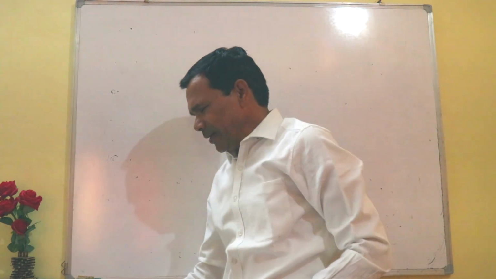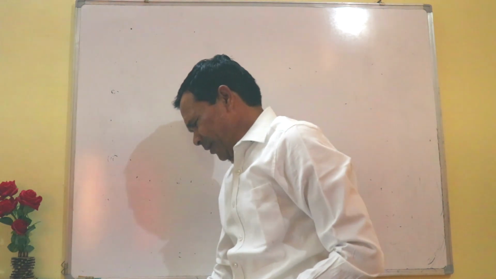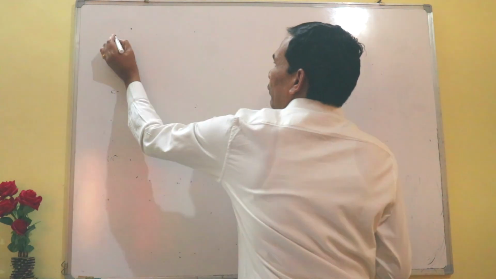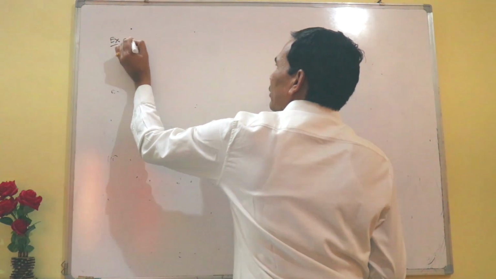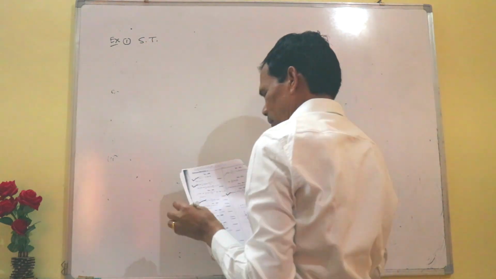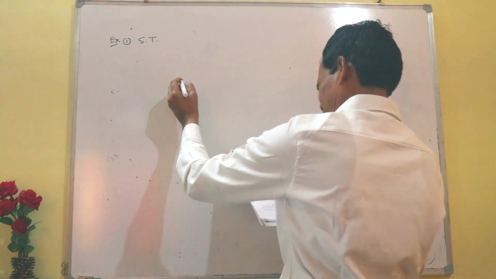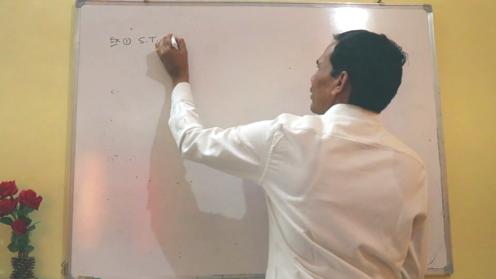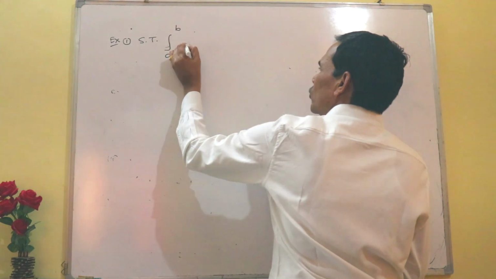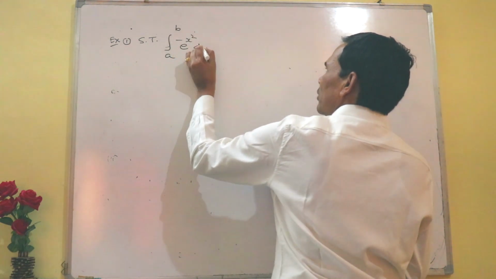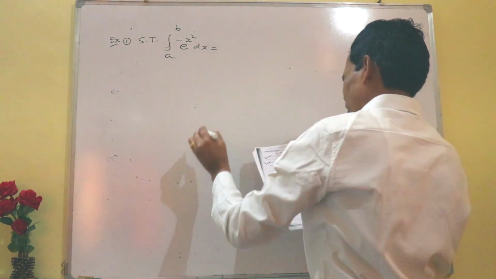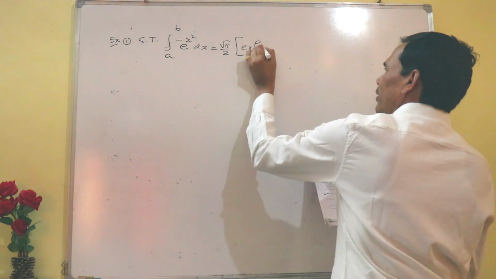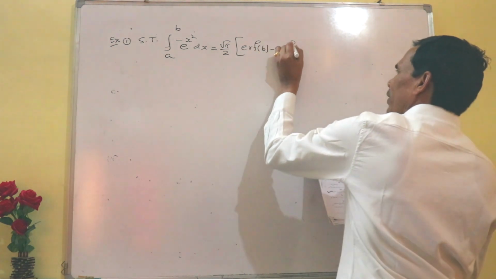The first example: show that the integral from a to b of e raised to minus x square dx is equal to root pi upon 2 times the error function of b minus the error function of a.